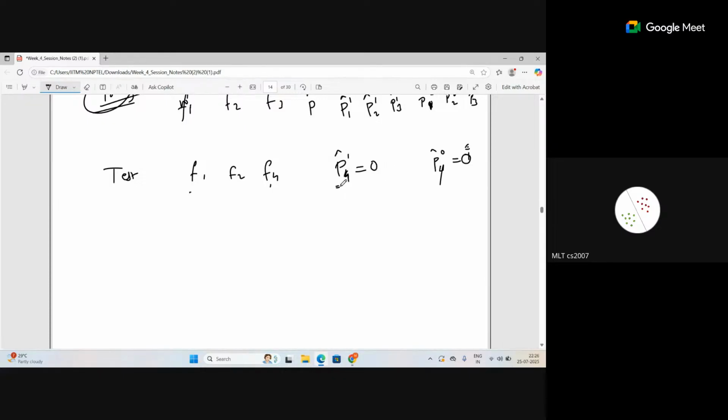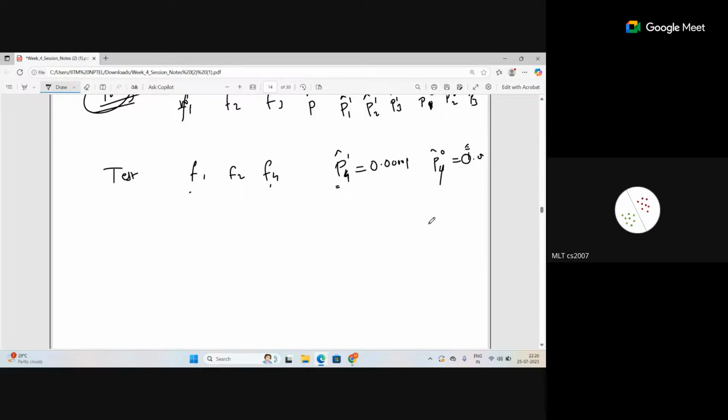So don't assign it to be 0. Instead, assign it some low quantity, let's say 0.0001, but it shouldn't be 0.